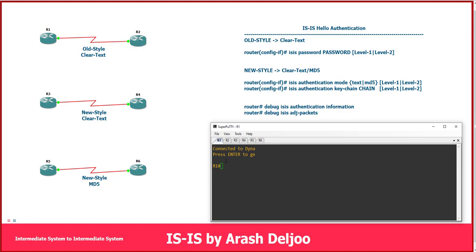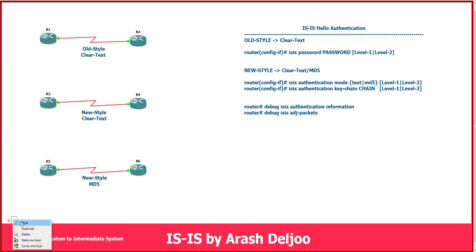For example, if you are using 10.1.2.1 as the IP address of serial 1/0 on R1, you should use an IP address in the same range on router 2, for example 10.1.2.2. If you are using an IP address in a different range, in a different subnet from R1, the neighborship won't establish.